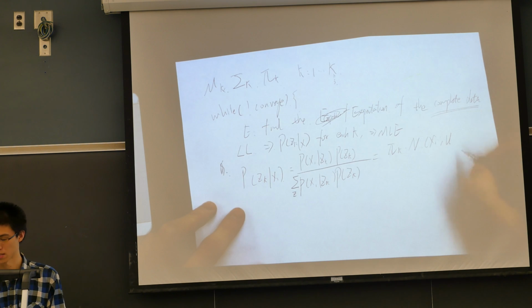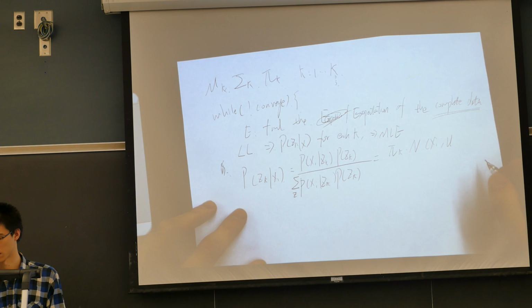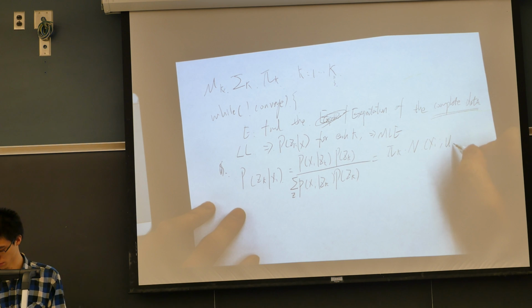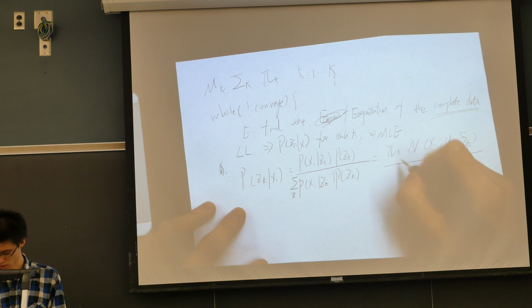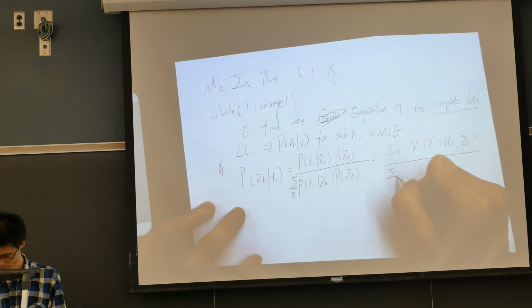Notice that in the E step, we're fixing the parameters of the Gaussians. So we are assuming that the mu and the sigma are known, are constants, so that we can use them in the MLE.